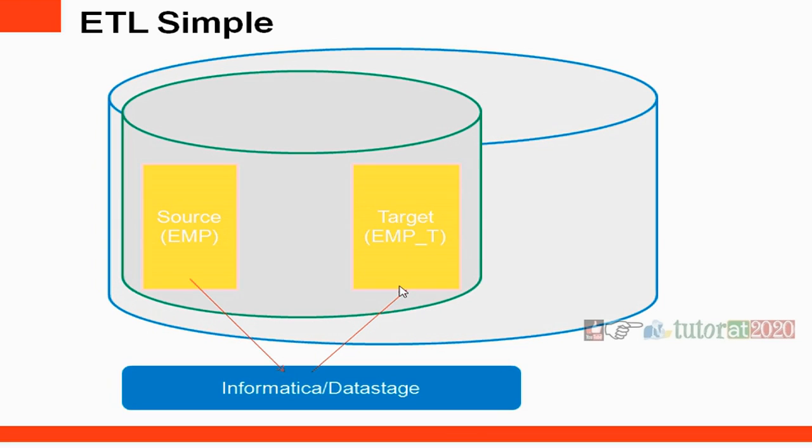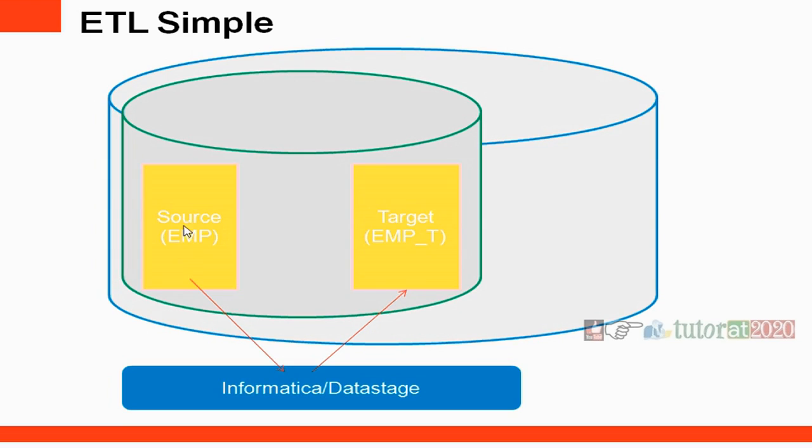Data is always passing through the ETL server. This is a different hardware server, and this is a different hardware server. This is the Oracle database, and this is the Informatica server, with Informatica software running over here. Now I want to read data from here and load here.